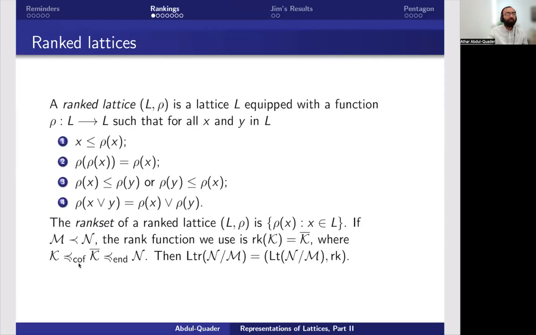So if you take a model K that's in the interstructure lattice, you use Gaifman's splitting theorem to find some extension K bar where K is cofinal in K bar and is an initial segment of N, not necessarily proper in either direction. And then the rank of K is going to be defined as this K bar.